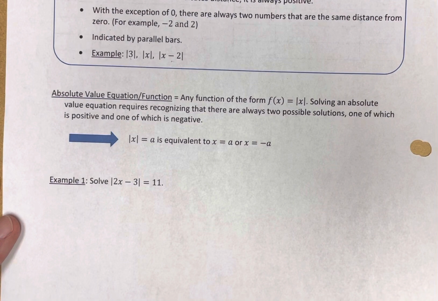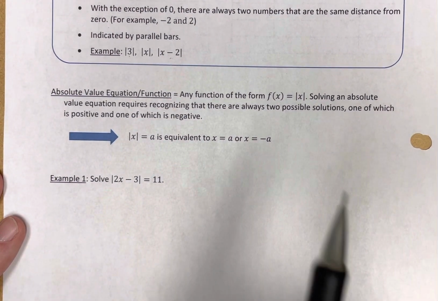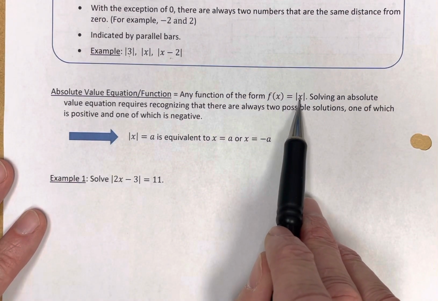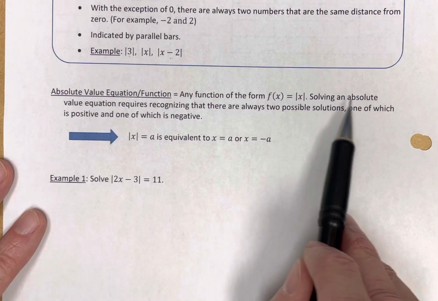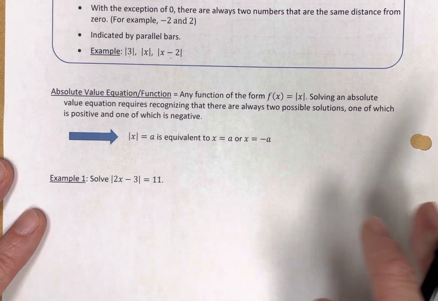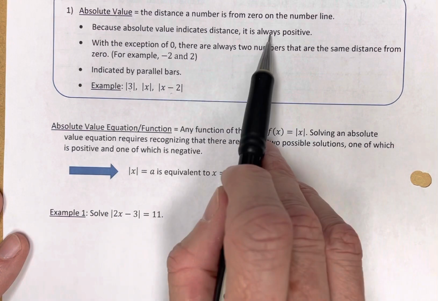Okay. An absolute value equation or function is any function of the form f of x is equal to the absolute value of x. Solving an absolute value equation requires recognizing what we pointed out up here.